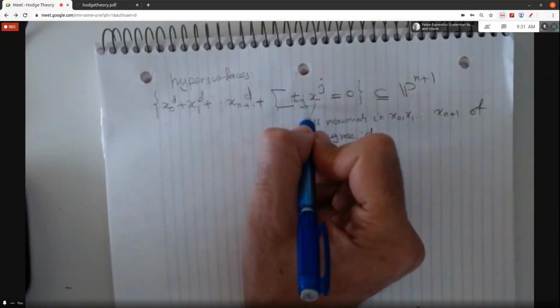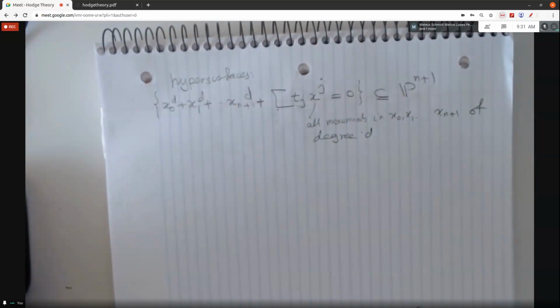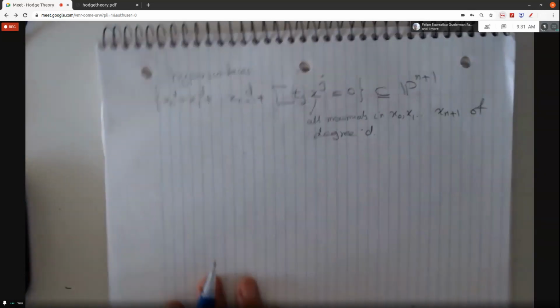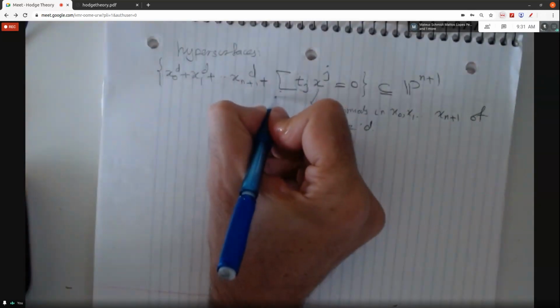So I will take as many parameters as there are monomials, and actually for, let's say, g.